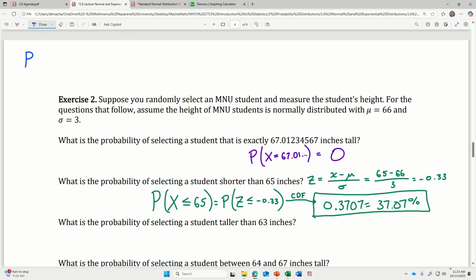The probability that x is going to be less than or equal to 65 is going to be the probability that x is less than 65 plus the probability that x is equal to 65.